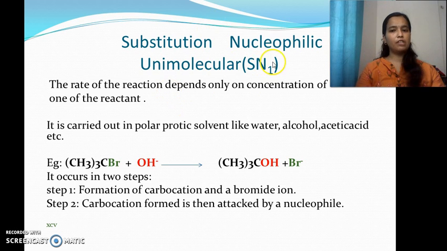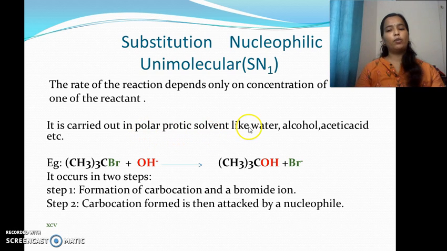So by SN1 mechanism, the rate of the reaction depends only on the concentration of one of the reactants. And you have to note that it is carried out in presence of some polar protic solvents like water, alcohol, acetic acid. We will learn what is the role of polar protic solvents.